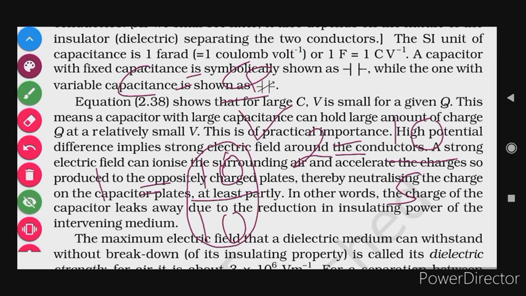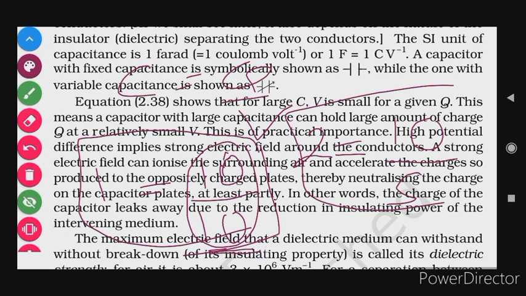Remember, this is the first capacitor and this is the second capacitor. For the capacitor to hold 10 charge on each conductor, it can be 10 coulomb or 10 microcoulomb, we are not concerned with the unit, just say 10 charge. For holding 10 charge in the first, the voltage has to be 10 volt, an increase of 10 volt.